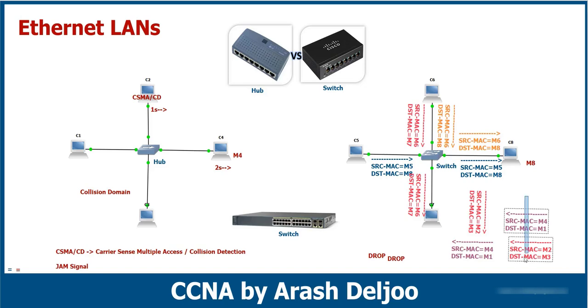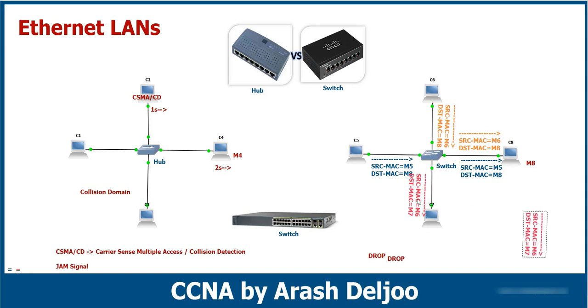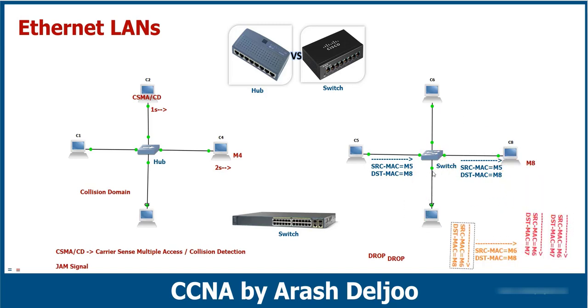Let me give you an example. Maybe this is interesting for you. Look here, we have a switch, and you know that when the switch receives traffic, it can forward the traffic directly to the destination. For example, we are sending traffic from PC5 to PC8, as you can see.